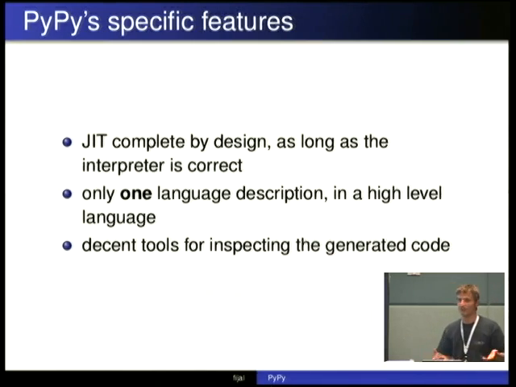That's not true for us because our JIT is complete. If you have hot loops, they will always get compiled to assembler. So you won't get only one language description. As I've shown, we have pretty decent tools. Well, they're debatably decent because sometimes you can't guess what's going on, but they're the state of the art at least.